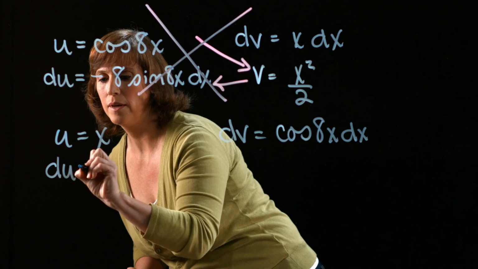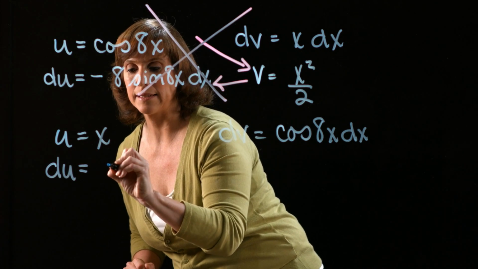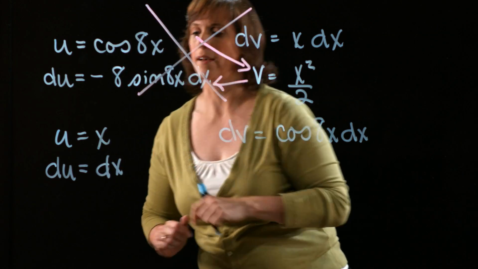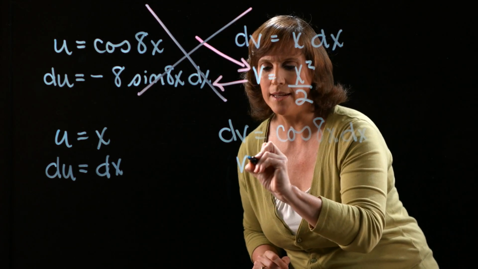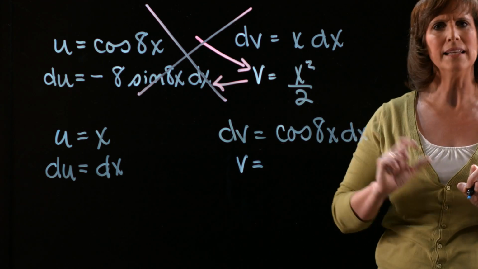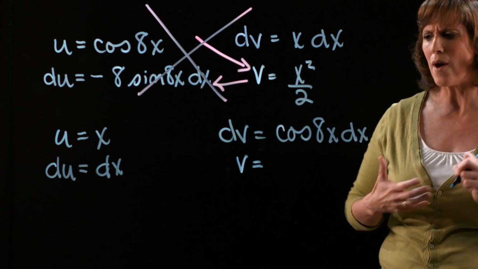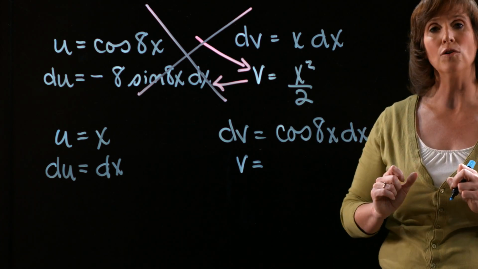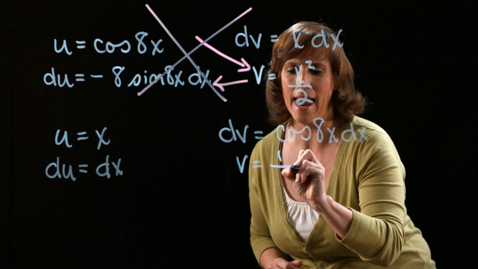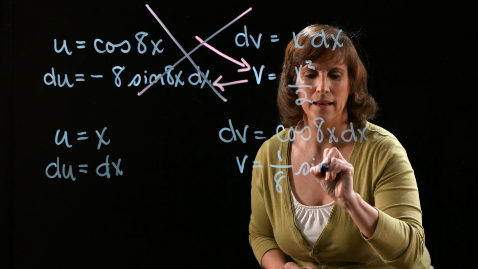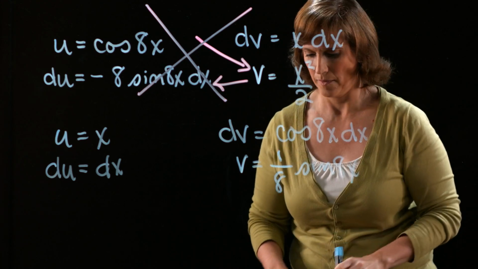So du is going to be dx because the derivative of x is 1. To get the v, I'm going to integrate, and I'll need a little substitution to do this one, but I'll go ahead and do that in my head. The integral of the cosine is sine, so I'm going to have 1/8 sine of 8x.